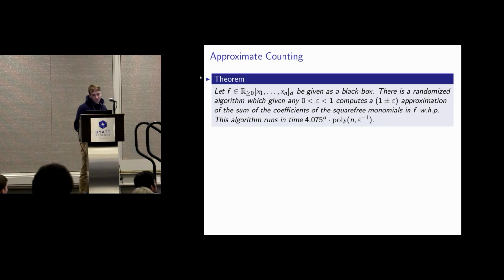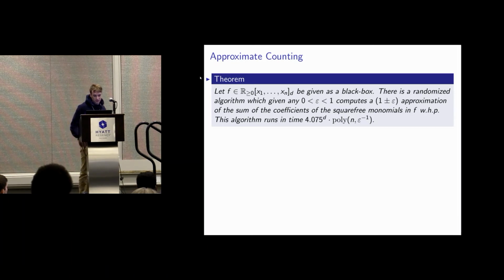So the first one says that if you're given a degree d polynomial with non-negative coefficients as a black box, then you can approximately compute the sum of the coefficients of the square-free monomials in time 4.075 to the d times some polynomial in n and 1 over epsilon.